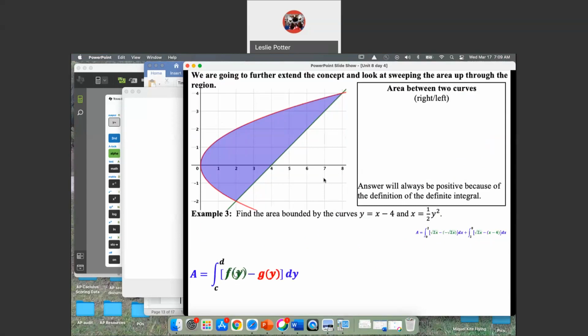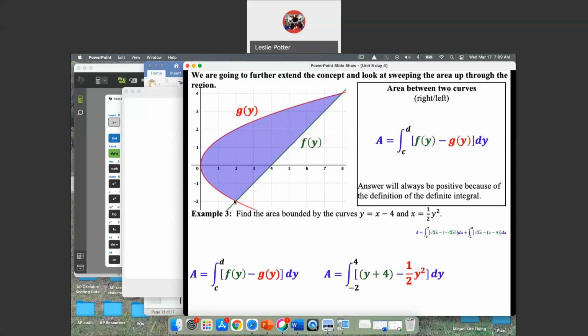There we go. Solving this for x, we add 4 to both sides. We have y plus 4. And then we subtract the half y squared and integrate that. And we integrate that from -2 to 4.